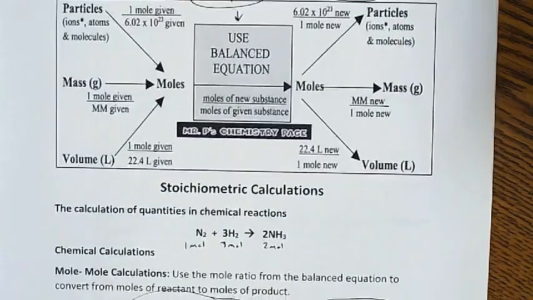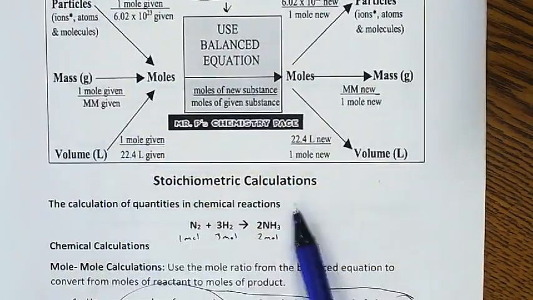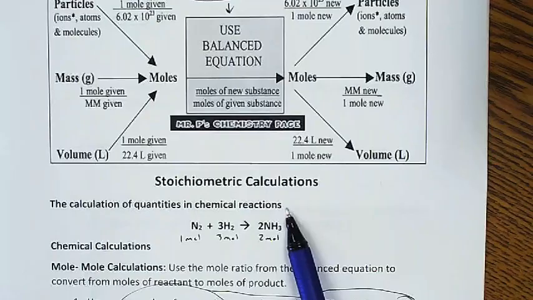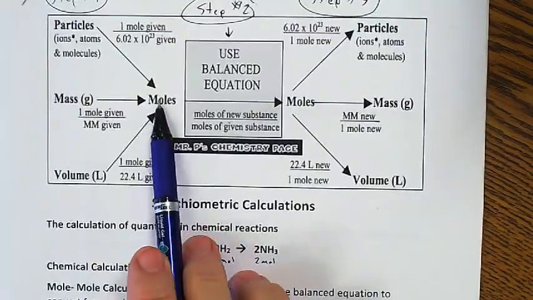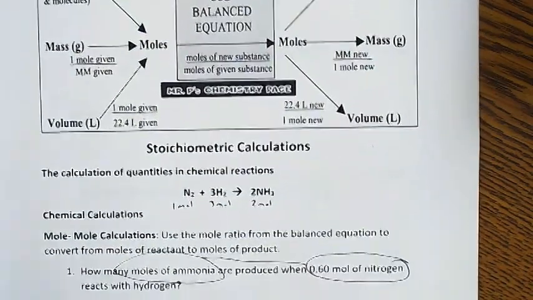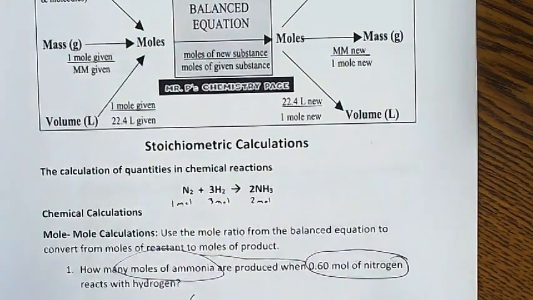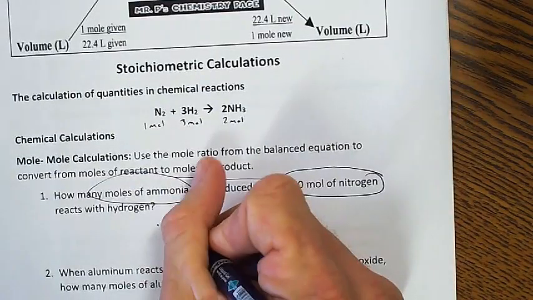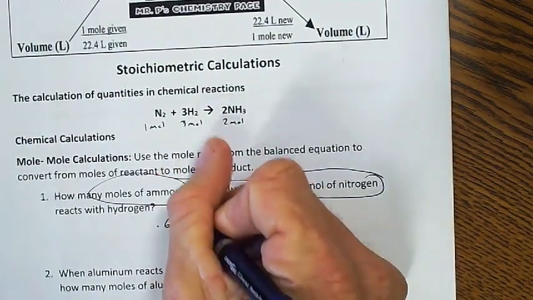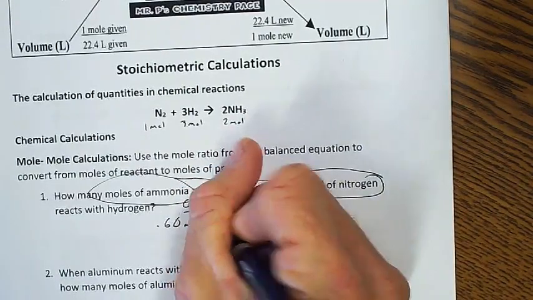You'll see most of these problems we're going to start with something else, and we'll have to do that first. But for this problem here, we're already at moles of what's given. So we already have 0.06 moles of N2. That's what nitrogen is. So this is moles of what's given.